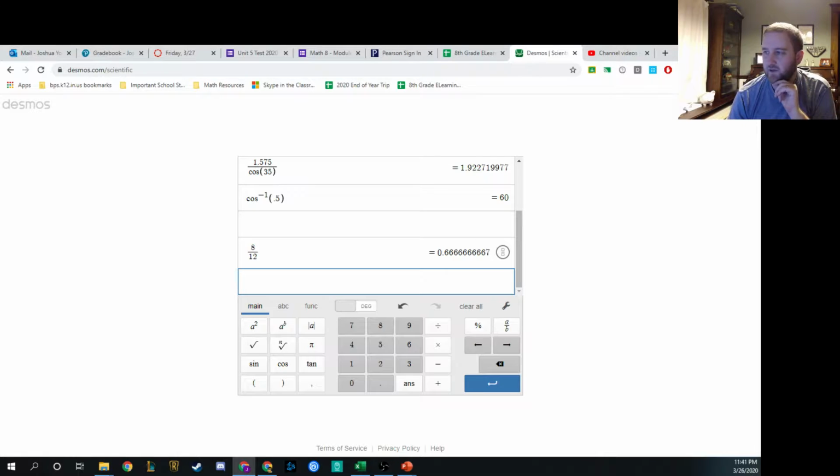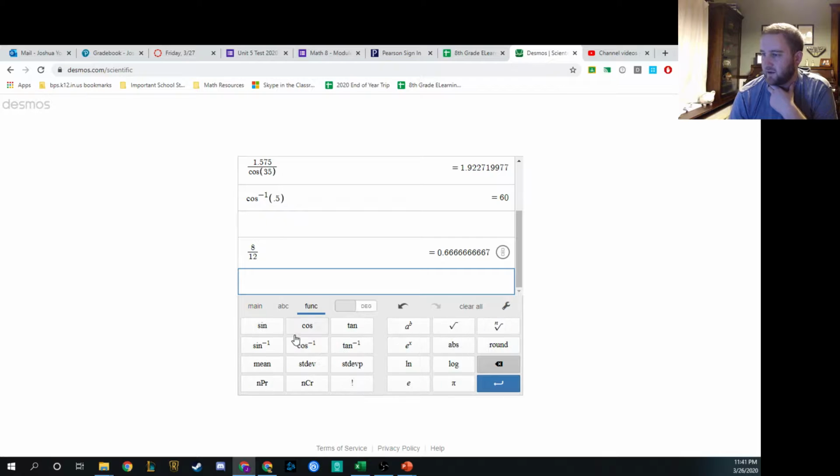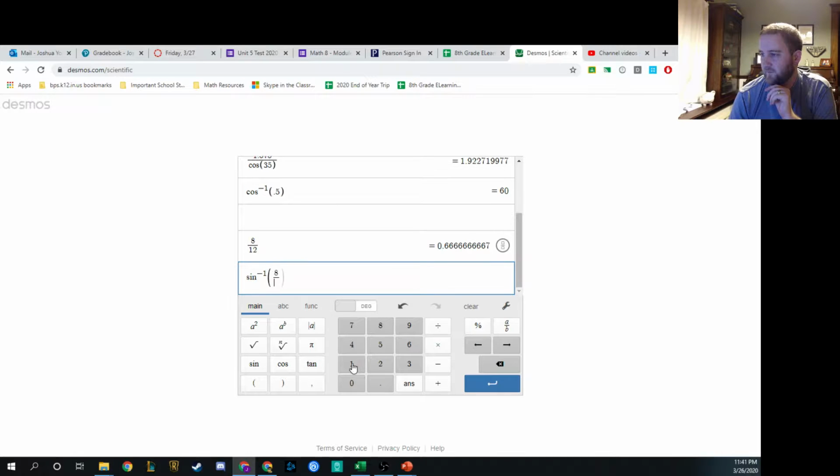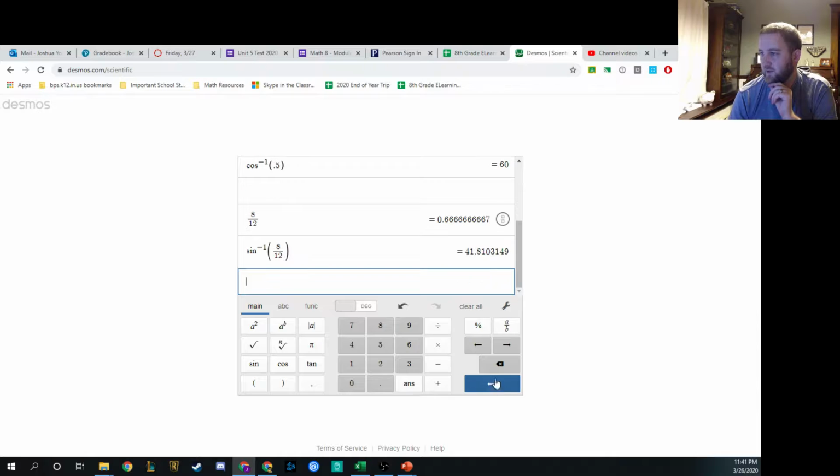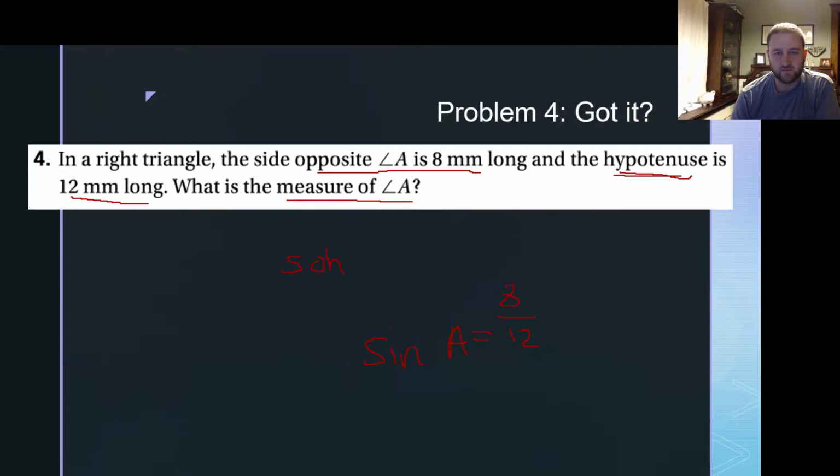So what we're going to do is take the inverse of that. So go to function, the inverse sine of 8 divided by 12, just to be more precise, and we get an angle of approximately 41.8 degrees.